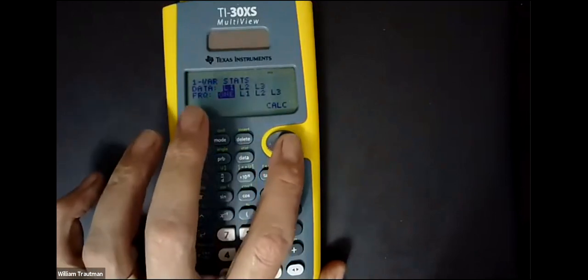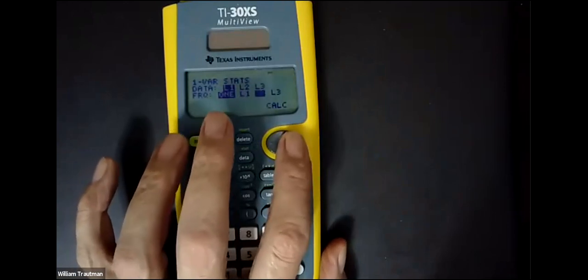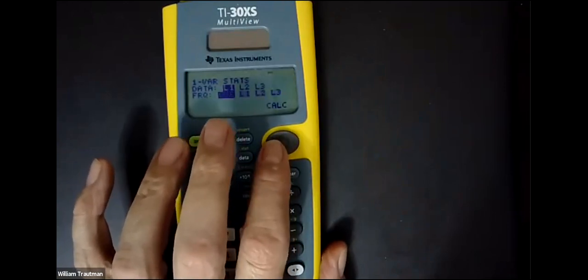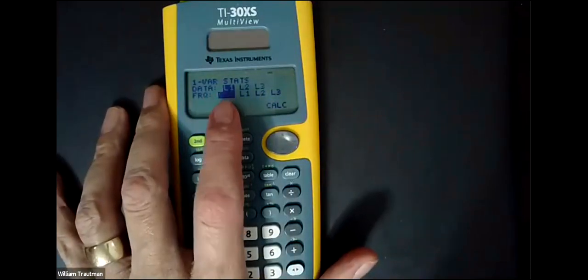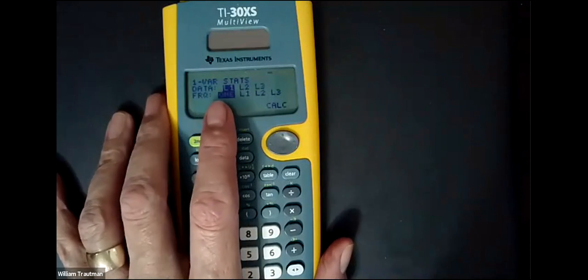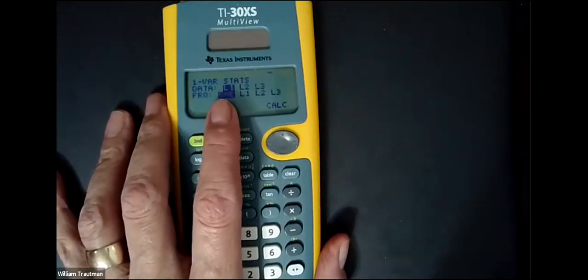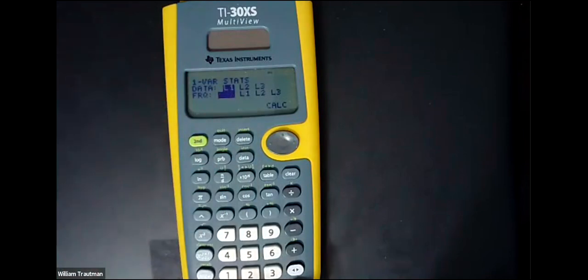The second part, frequency, we didn't have anything else in L2 or L3, no other list. So we leave it here. This is blank, O-N-E. It says 1, but there's nothing there. So if we don't have anything in the second list, we keep it on O-N-E. If I hit enter, and then it says calculate, enter one more time.